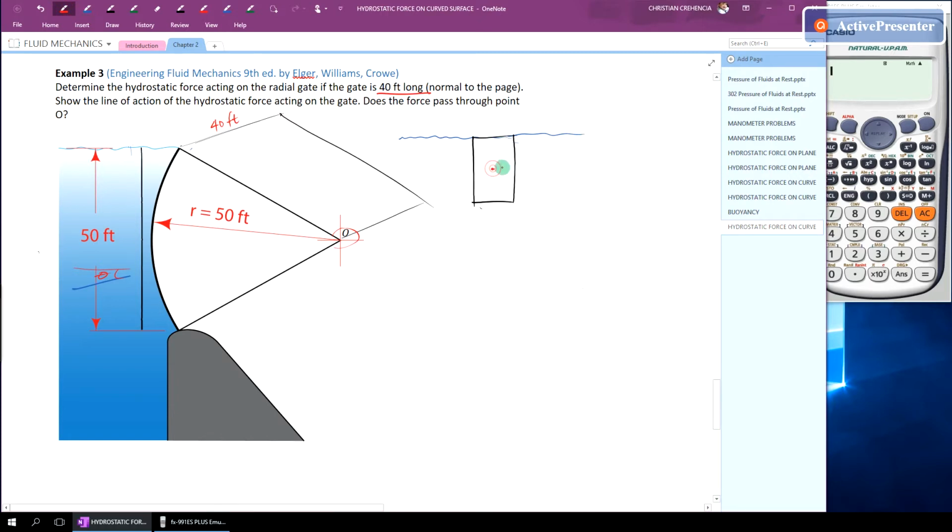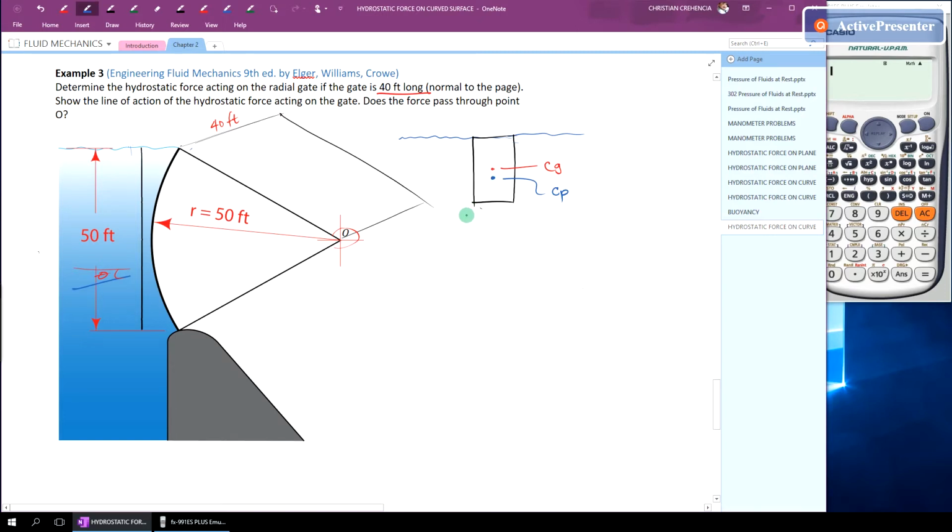Then, sa gitna, this is yung center of gravity ng gate, ng area. Then, just below that, always below nung center of gravity or centroid nung area is yung ating center of pressure. So, yung hydrostatic force is acting on the center of pressure.